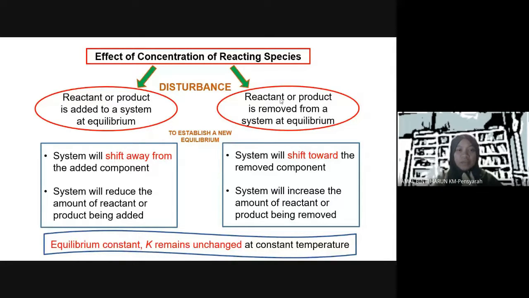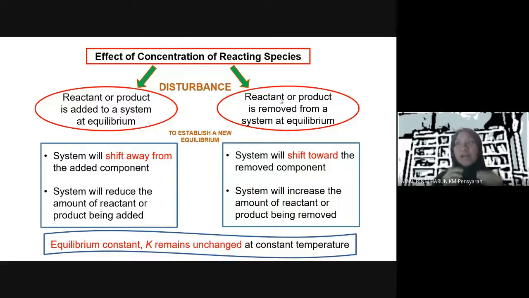Tapi, kalau kita react X dengan Y producing Z, so X, Y, Z tak sama dengan ABC. Therefore, the reaction of X, Y producing Z will have a new value of K. The value of K for X, Y, Z does not equal the value of K for A, B, C. Understand?